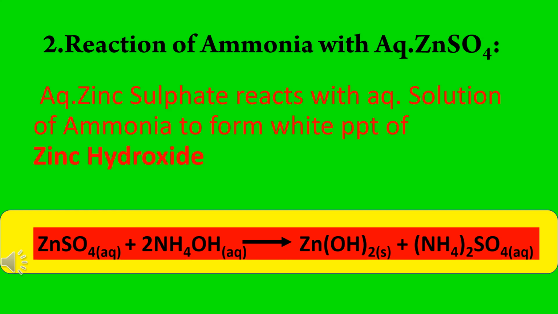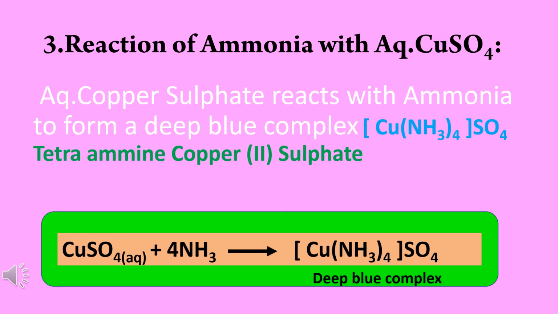Is it clear, students? The next reaction is the reaction of ammonia with aqueous copper sulfate. Aqueous copper sulfate reacts with ammonia to form a deep blue complex called tetraamine copper(II) sulfate, that is [Cu(NH3)4]SO4.